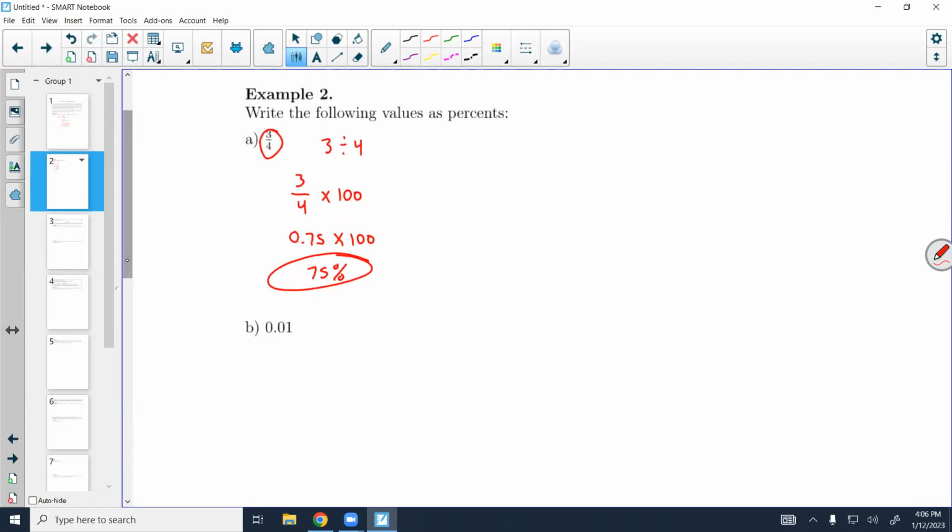On this next one here, we have a decimal. So I already have the decimal part. So just multiply it by 100. Multiplying by 100, you just move the decimal place 2 places to the right, and we get 1%. $0.01 is 1 cent, right? Same principle.